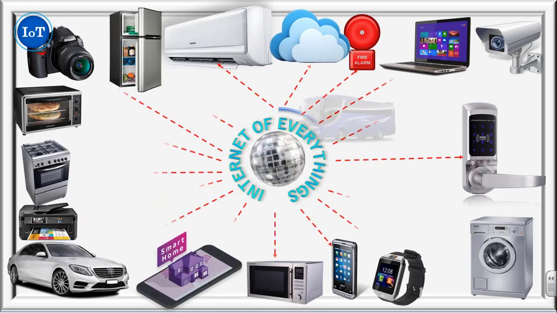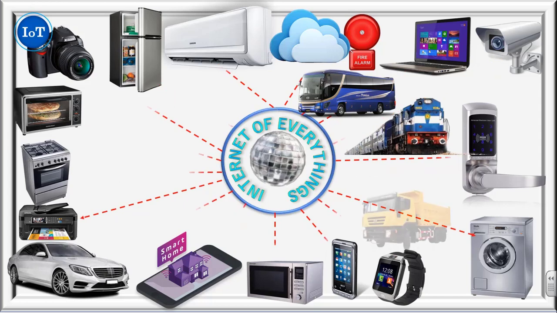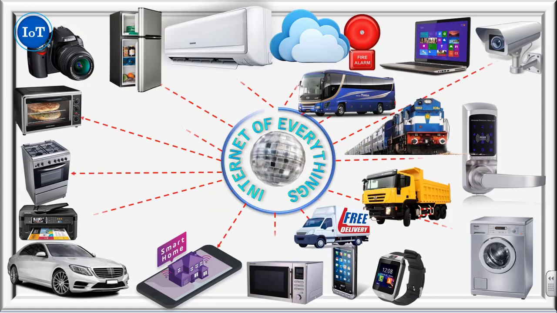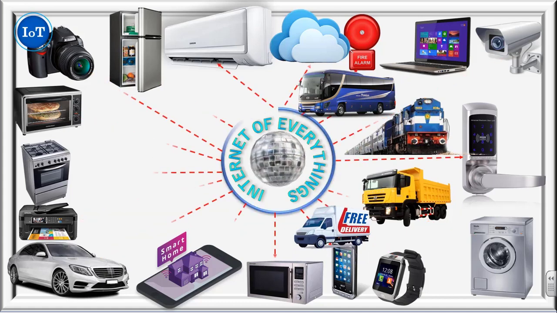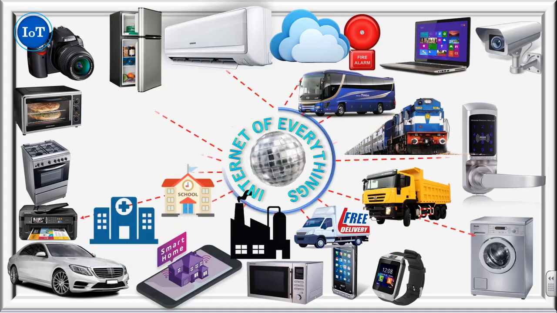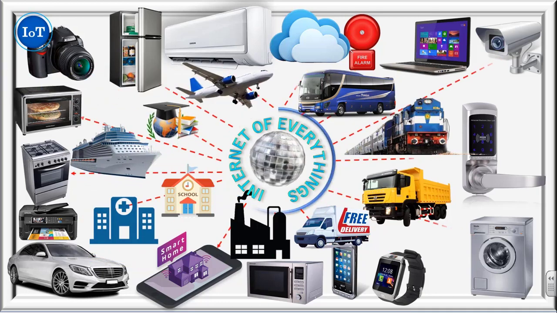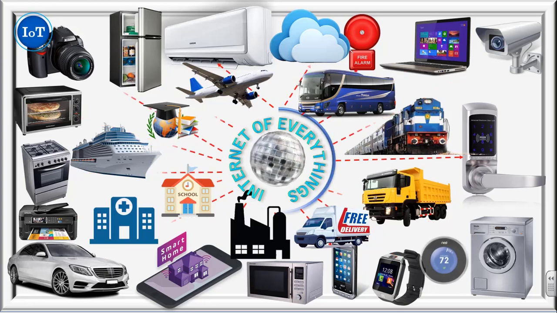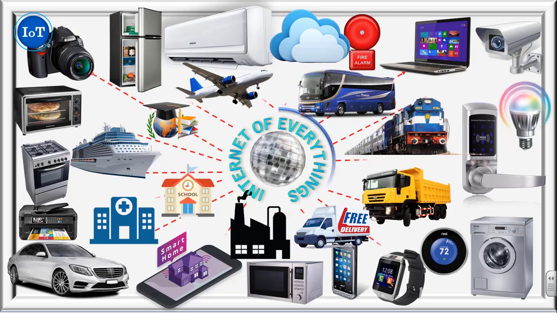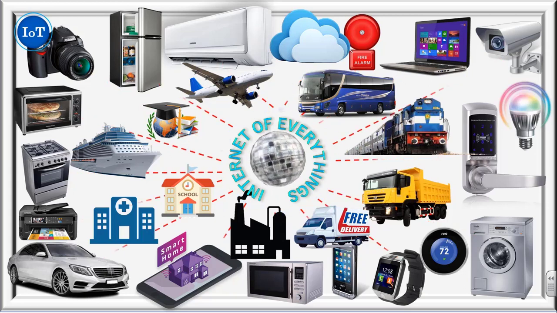smart homes, our buses, trains, trucks, cargo delivery vans or goods delivery vans, industry, schools, hospitals, ships, aeroplanes, education system, thermostats, our electrical systems, bulbs and whatnot, all will be a part of Internet of Everything.